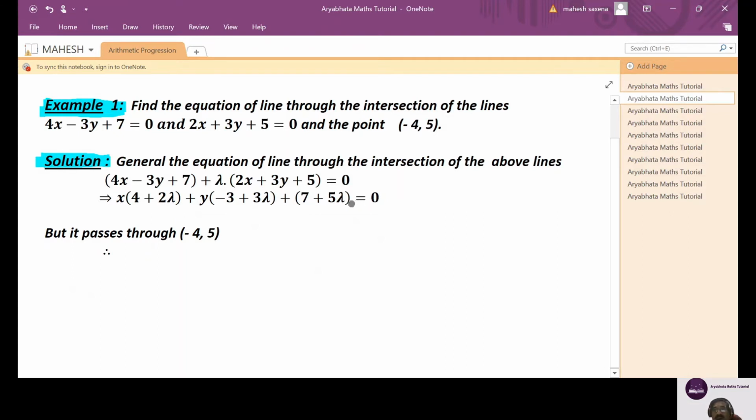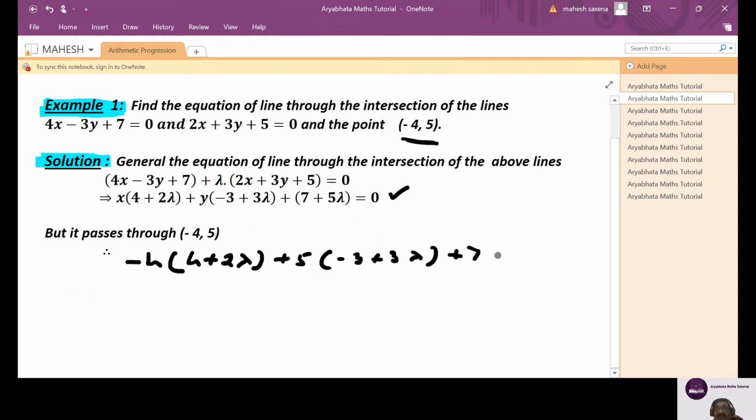Let this be the line passing through the point (minus 4, 5). Since this line passes through (minus 4, 5), this point will satisfy the equation of the line. Therefore, it will be minus 4 times (4 plus 2 lambda) plus 5 times (minus 3 plus 3 lambda) plus 7 plus 5 lambda equal to 0.